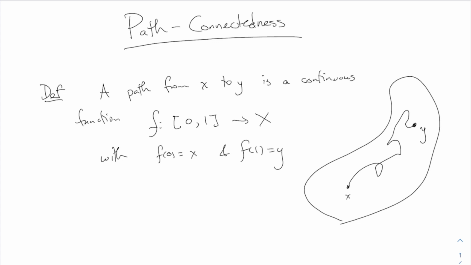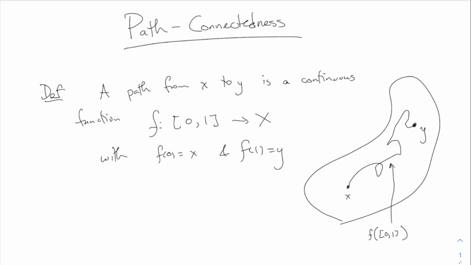But actually, the line itself is not how we define the path. We say that the path is just a function from the standard closed interval 0 to 1 to X. So this line that I'm drawing over here, more technically, is not exactly the path. That line is the image f of [0,1].